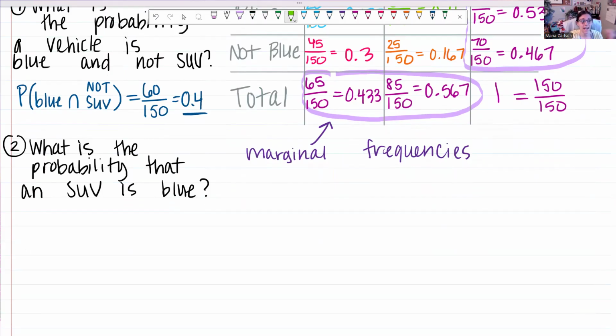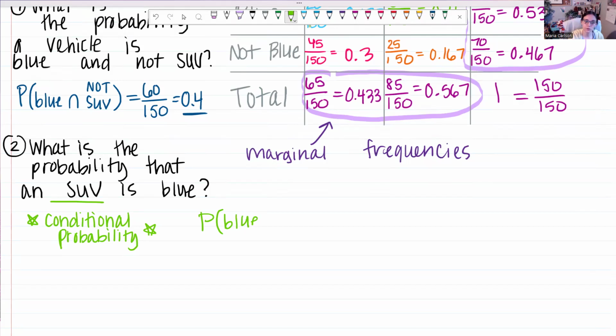It is asking us out of the SUVs, what is the probability that an SUV is blue? So really, this is a conditional probability because I'm looking out of the SUVs specifically. So this is really the probability that a vehicle is blue given that it is an SUV.